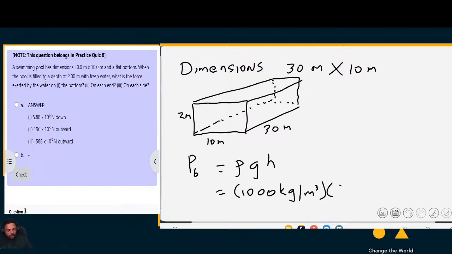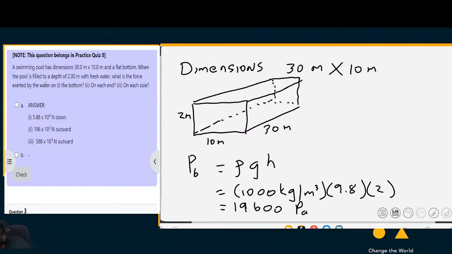Gravitational acceleration is 9.8, and then of course it is 2 meters deep. So the gauge pressure, just the pressure due to the water and not the atmospheric pressure, is 1,000 times 9.8 times 2. That's 19,600 pascals.